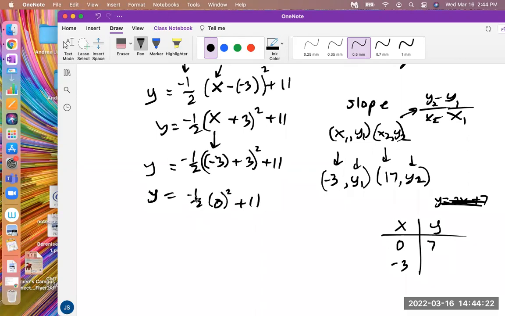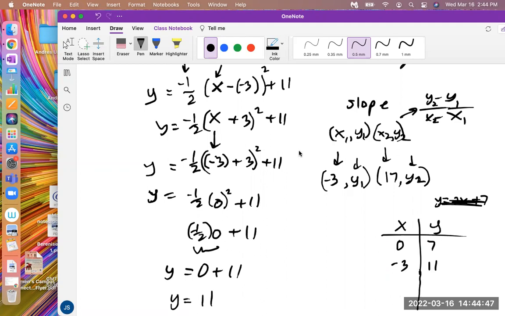Squaring really makes big numbers fast. So 0 squared is just 0, then multiplied by -1/2 is just 0, and then I get 0 plus 11, which is just 11. So when I plugged in x equals -3, I got 11 for y.